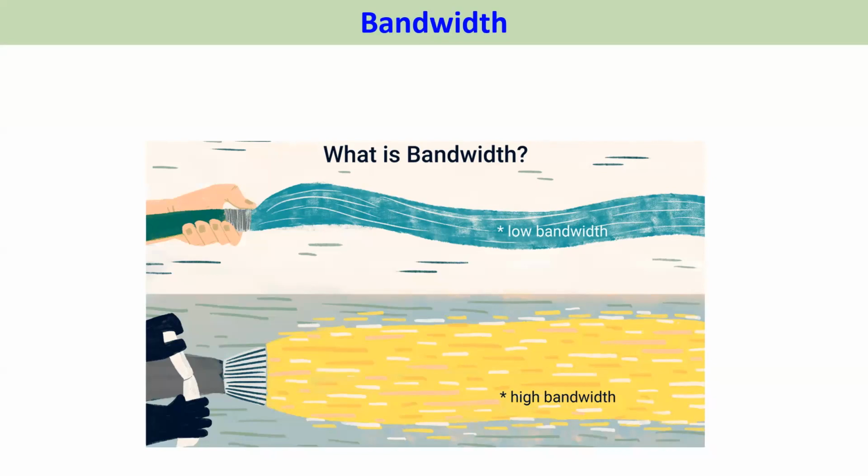That's called bandwidth. Low bandwidth means the amount of data travelling at once is low. But high bandwidth means the amount of data travelling at once is high. That's the difference between low bandwidth and high bandwidth.